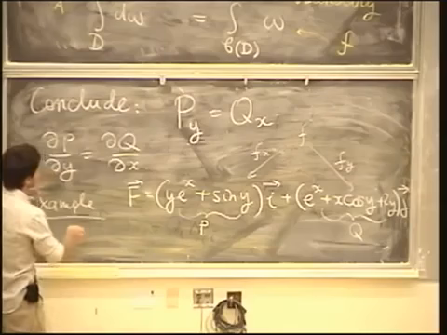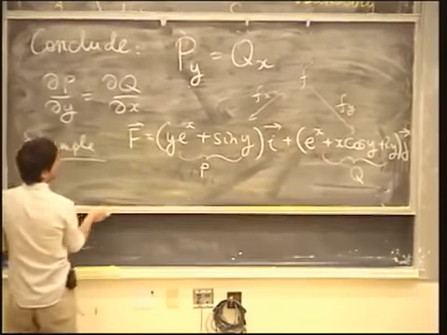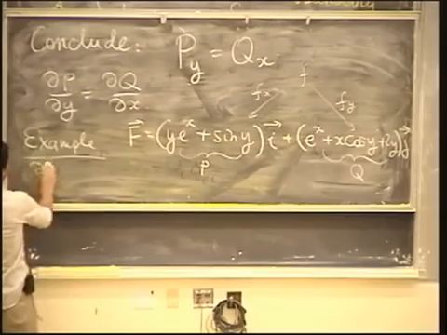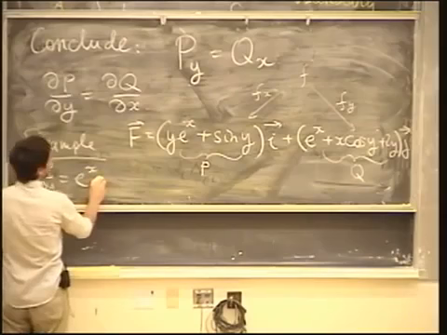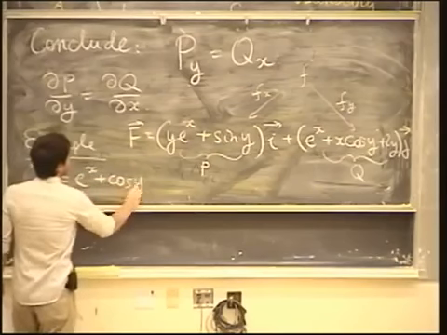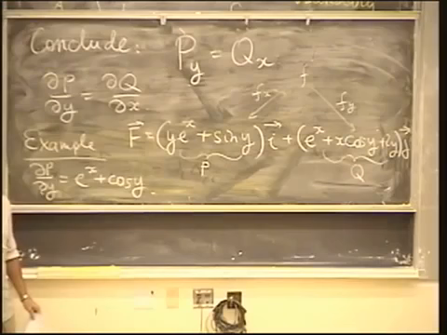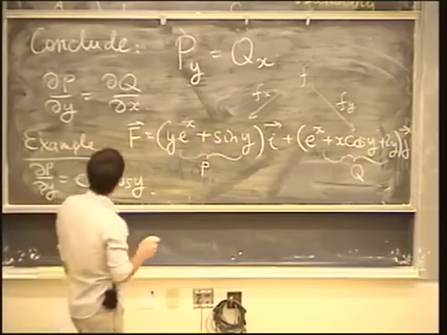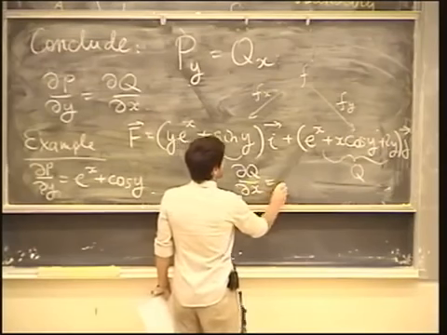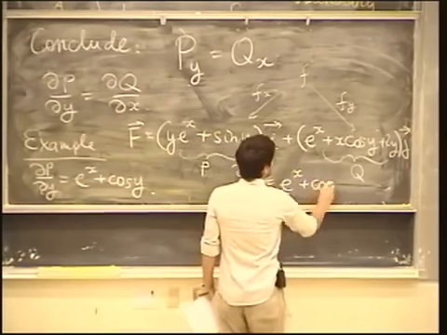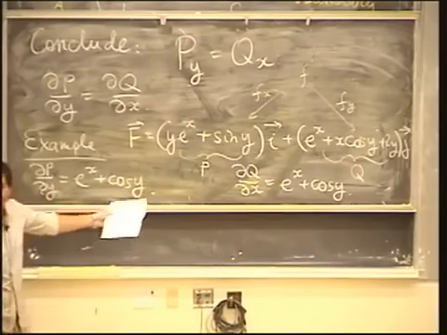So let's calculate. What is dP/dy? dP/dy is e to the x plus cosine y. Everybody agrees with that? Okay. And now dQ/dx is e to the x plus cosine y. It's the same.